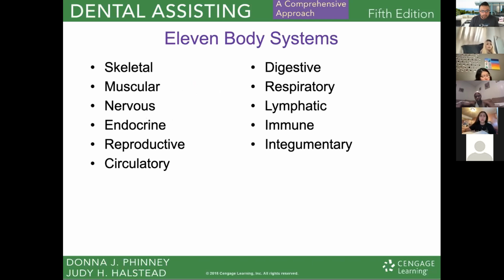There are 11 body systems: the skeletal, the muscular, nervous, endocrine, reproductive, circulatory, digestive, respiratory, lymphatic, immune, and integumentary. These are all systems that work together. Every body system has its own set of organs, which has its own set of specific cells and tissues.